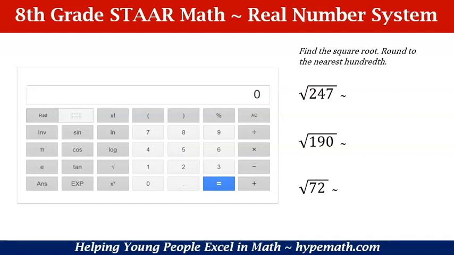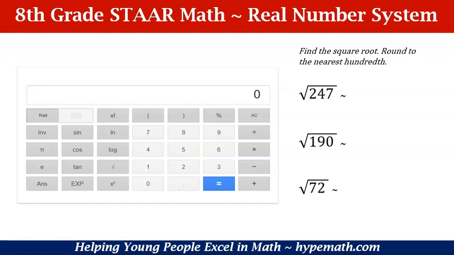And remember, if you're using a TI-84 or higher calculator, all you need to do is push the second button and the X squared button so that you can get the square root. You type in the number and press enter to get the answer. If you're using an online calculator, like for instance, the Google online calculator shown, all you click is the square root button, enter in the number, and hit that equal sign for you to get the answer.